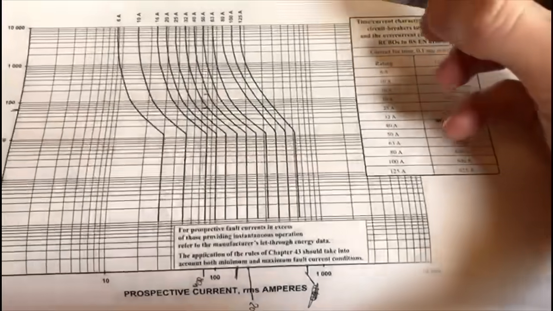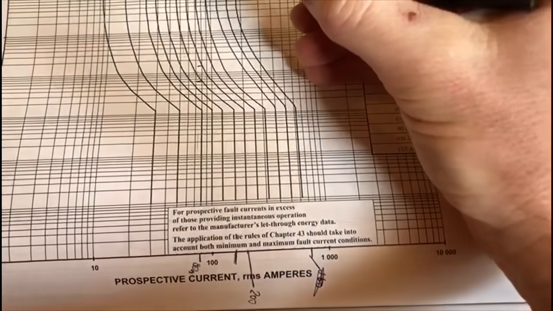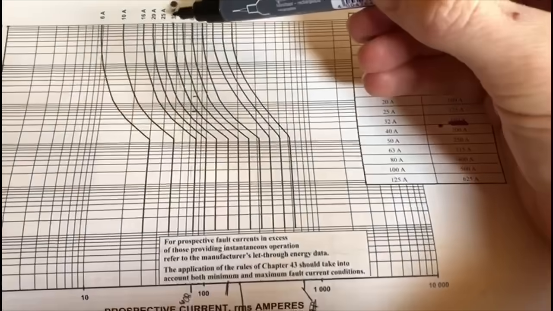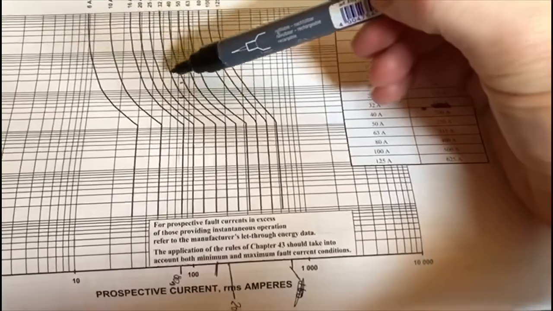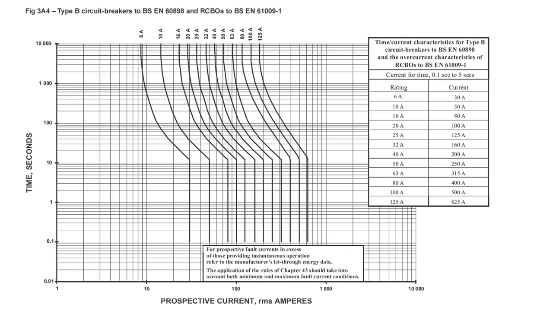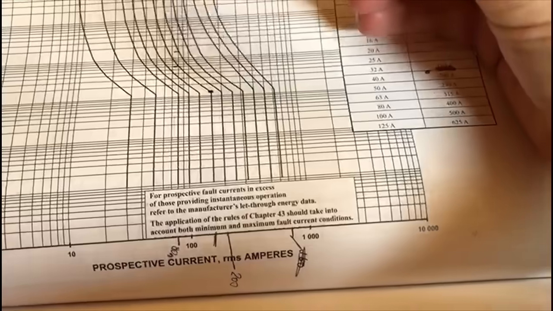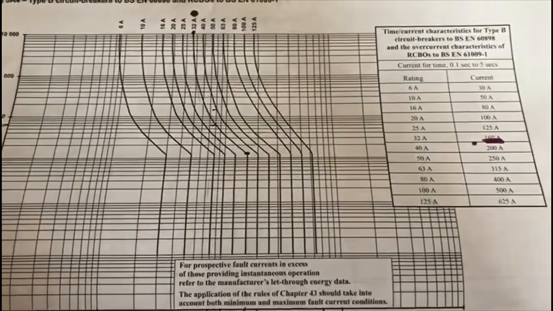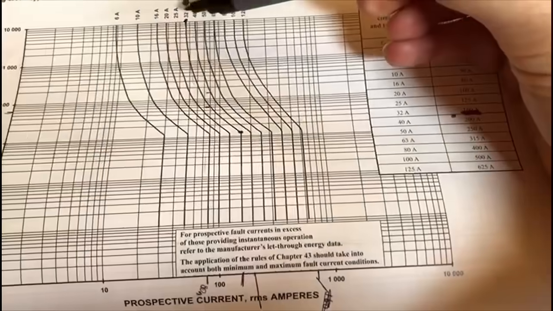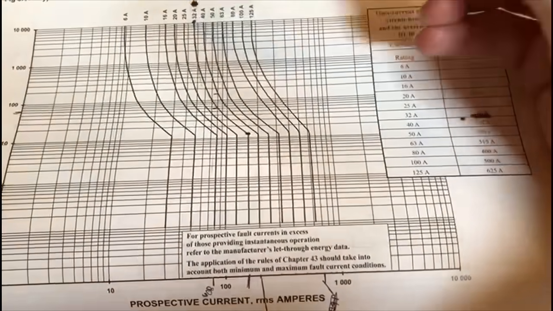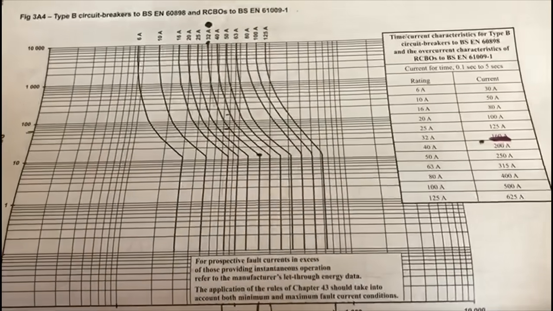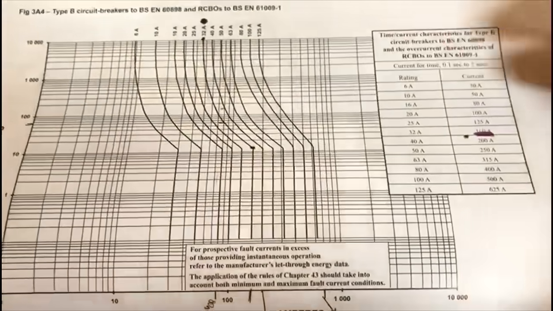Now, when you are trying to read these, we would want to concentrate on a 32 amp circuit breaker. As you look at this curve here, which goes all the way from here down to here, that curve is the part of the circuit breaker where the bimetallic strip works, the thermal overload characteristics of the circuit breaker.